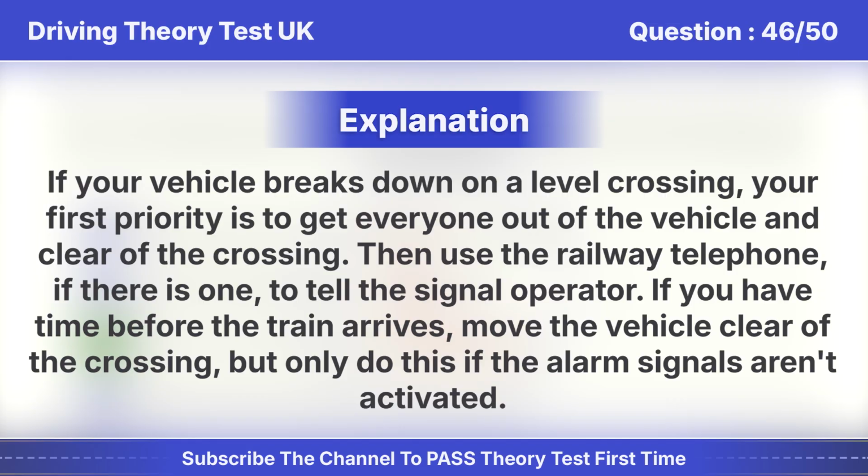If your vehicle breaks down on a level crossing, your first priority is to get everyone out of the vehicle and clear of the crossing. Then use the railway telephone, if there is one, to tell the signal operator. If you have time before the train arrives, move the vehicle clear of the crossing, but only do this if the alarm signals aren't activated.